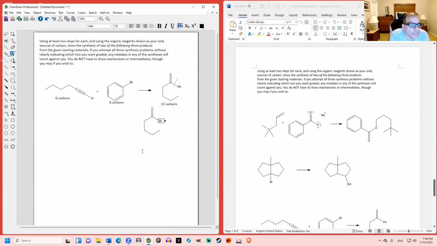So if we can somehow convert that alkyne to this bromide, we could treat it with bromobenzene and make a cuprate out of one of them. That's the, what's his name? Oh, I'm blanking out on his name. I keep thinking Simmons-Smith, but that's different. That's making the cyclopropane. Gilman reagent, that's it.